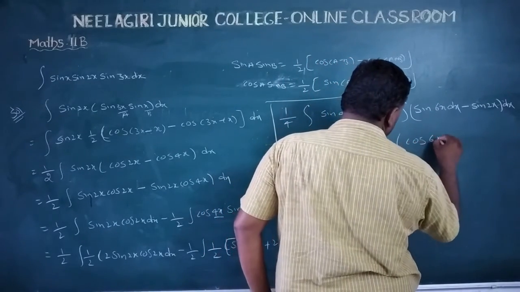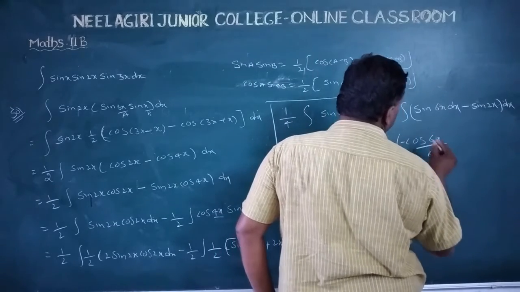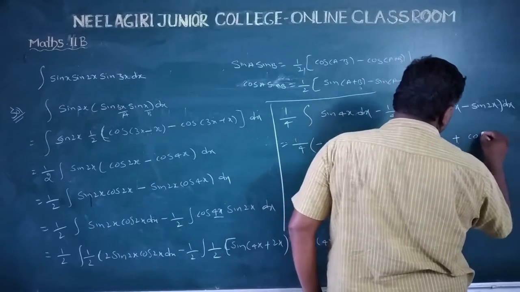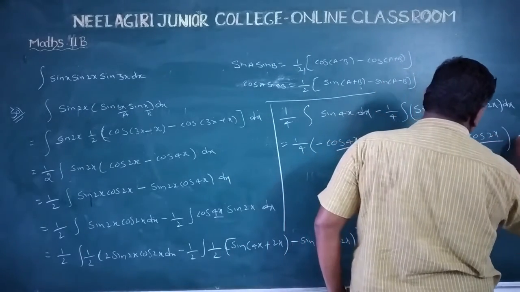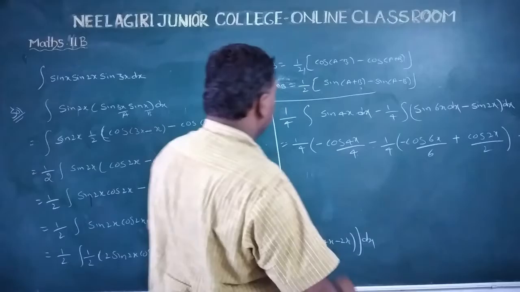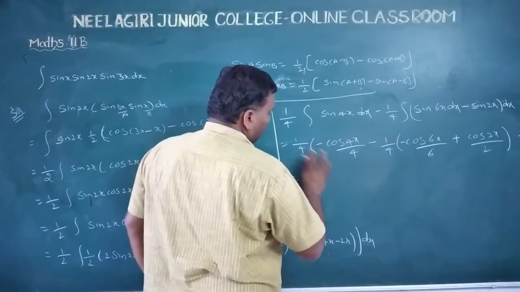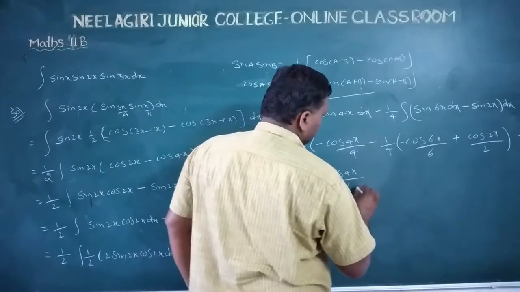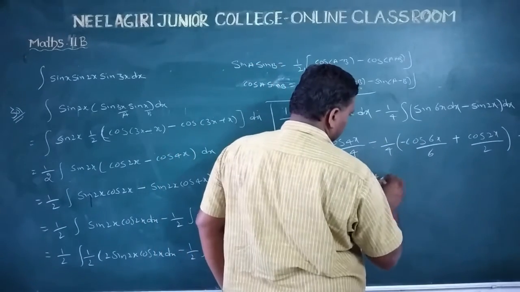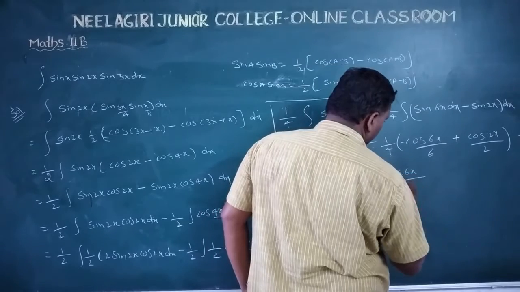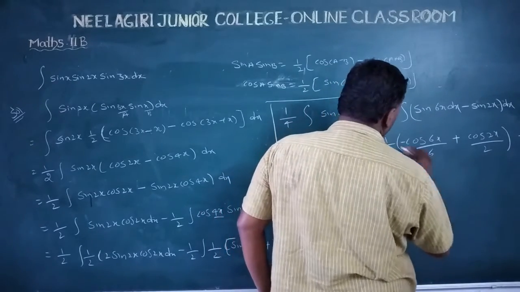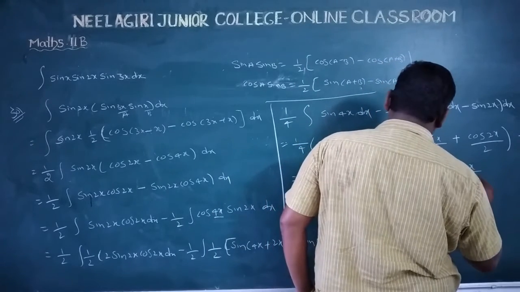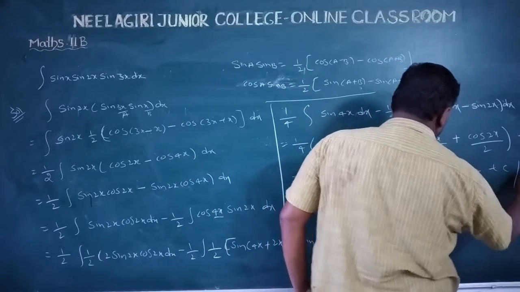Minus cos 6x by 6, minus cos 2x by 2, is equal to minus cos 4x by 16 minus 1 by 4 into minus cos 6x by 6 plus cos 2x by 2, giving minus cos 4x by 16, plus cos 6x by 24, minus cos 2x by 8, plus c.